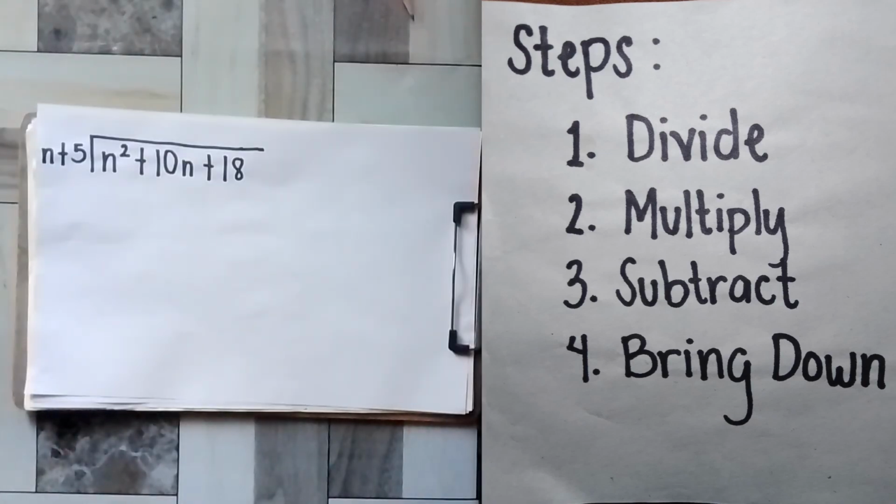Now, n plus 5 is our divisor, and n squared plus 10n plus 18 is our dividend.